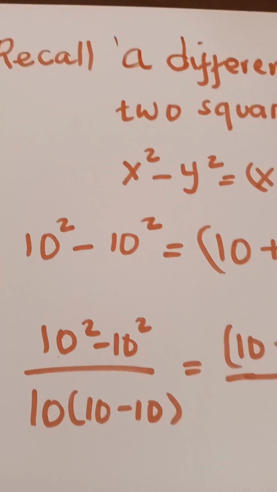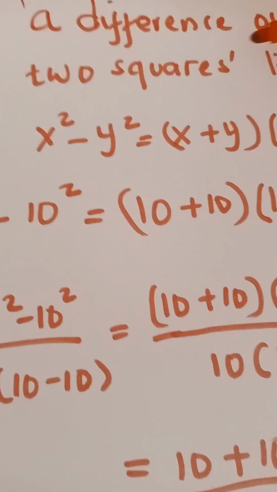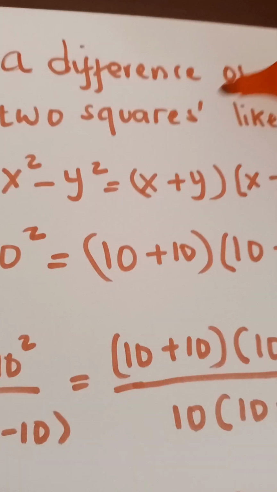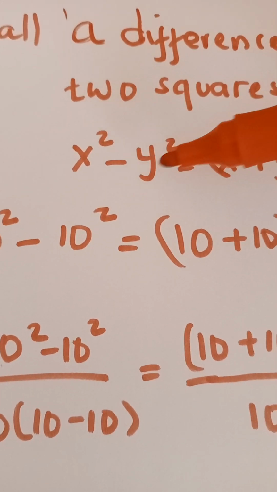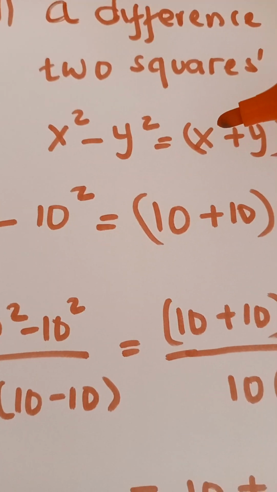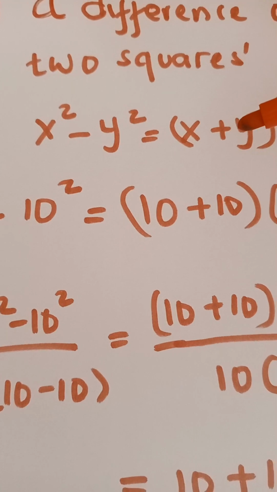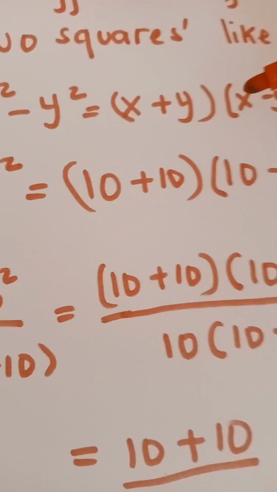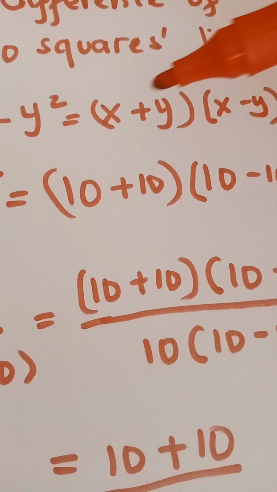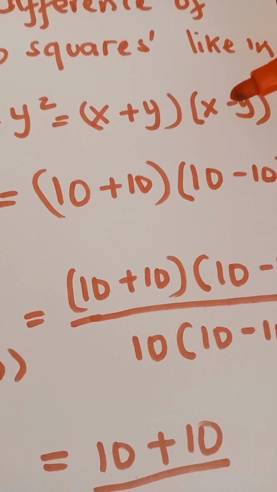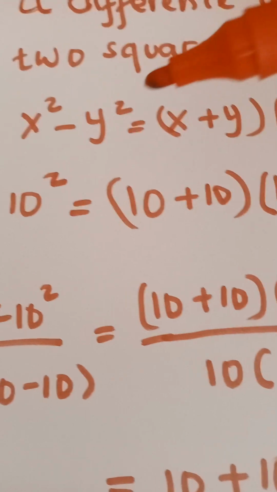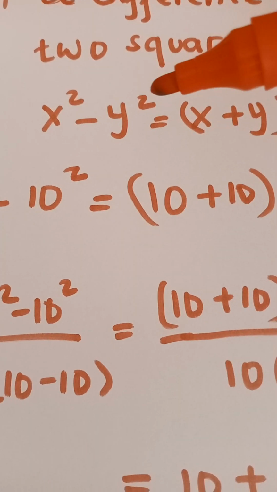So if you can still recall a difference of two squares, like in the case of x squared minus y squared, that is x plus y in brackets times x minus y. If you open this x plus y and the other bracket x minus y, you will still get back to x squared minus y squared.